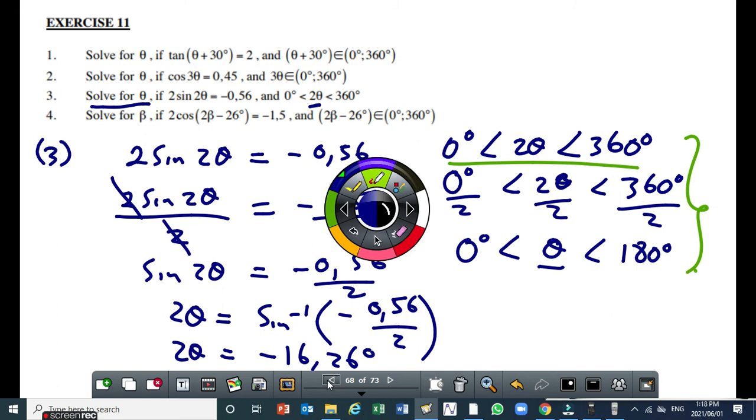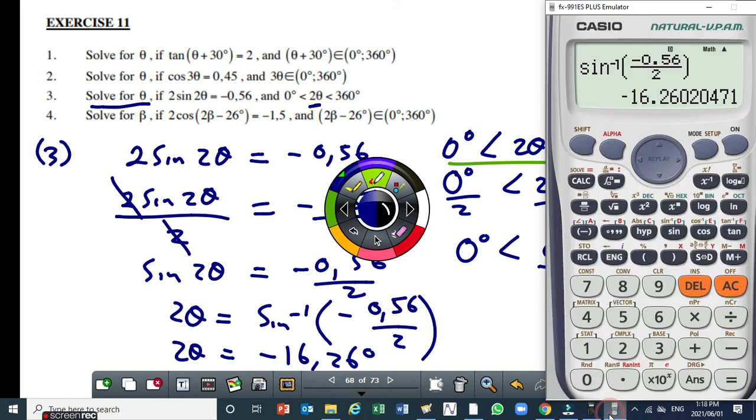Can someone divide minus 0.56 over 2? What answer do you get? Minus 7 over 25.